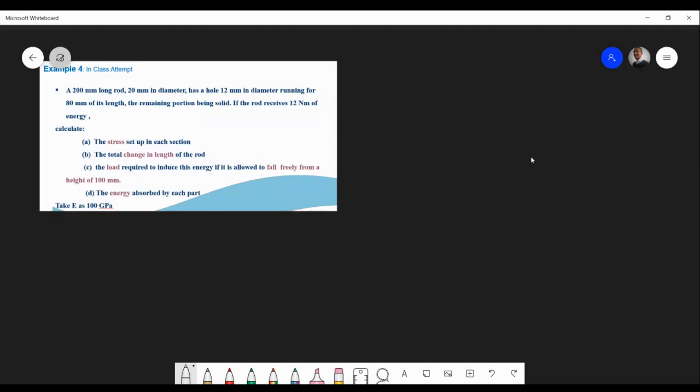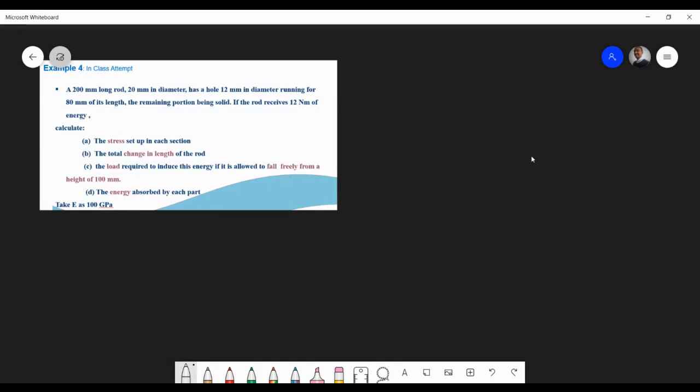Okay, so here we just have two rods. They're saying we have a 200 millimeter rod, 20 in diameter, and it has a hole running through part of it. Let me just sketch this. I'm just going for the full rod. One part is one section and another part is another. So 80 millimeters is solid, right?